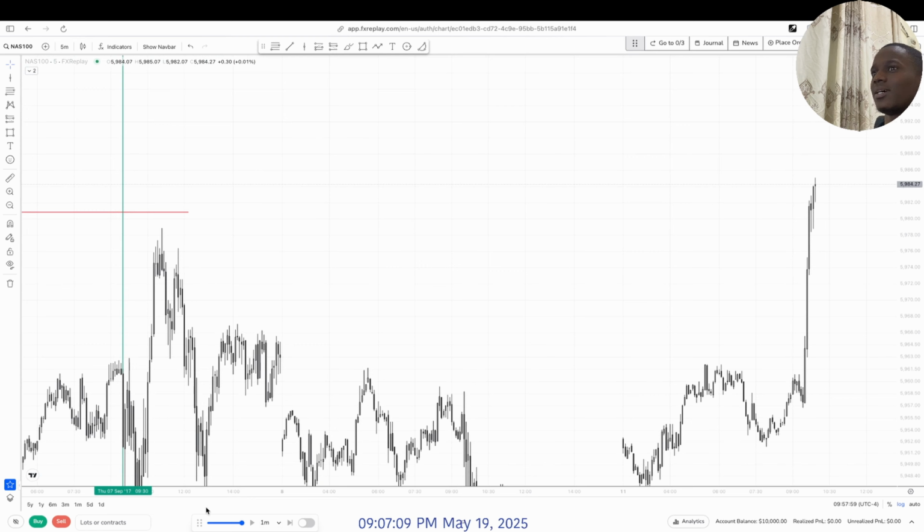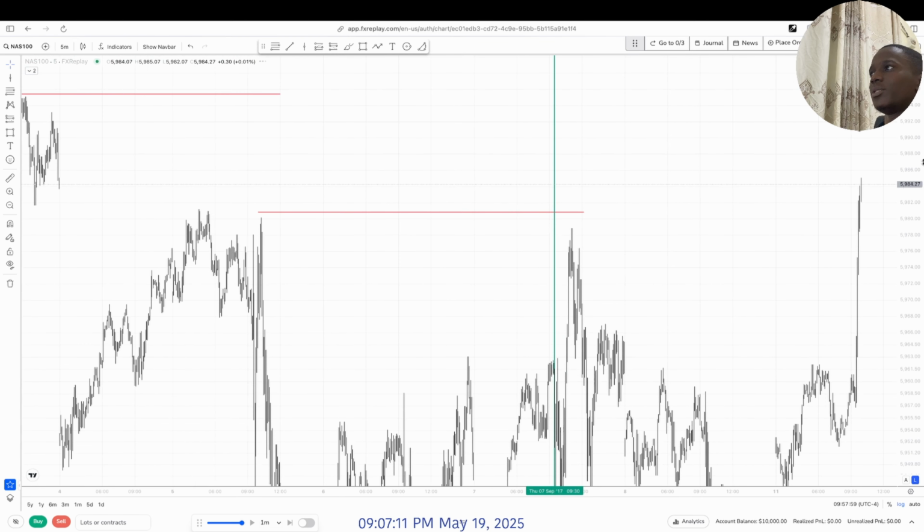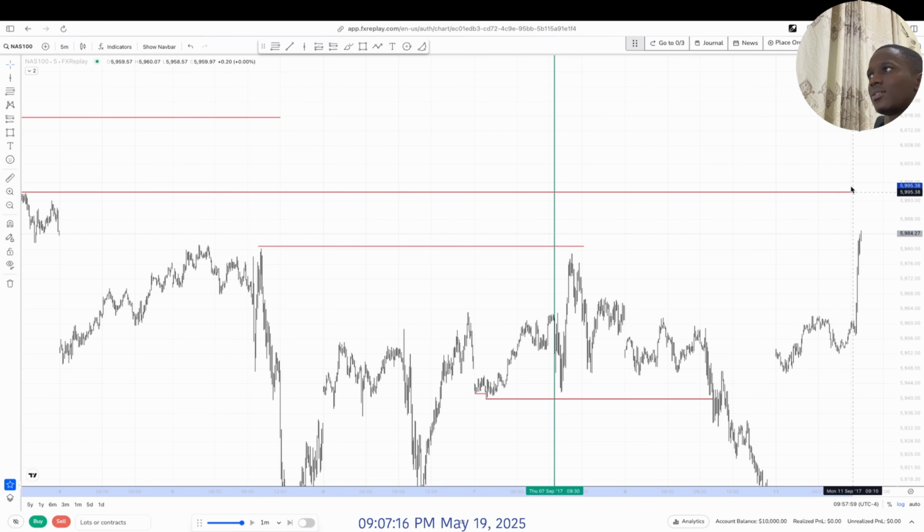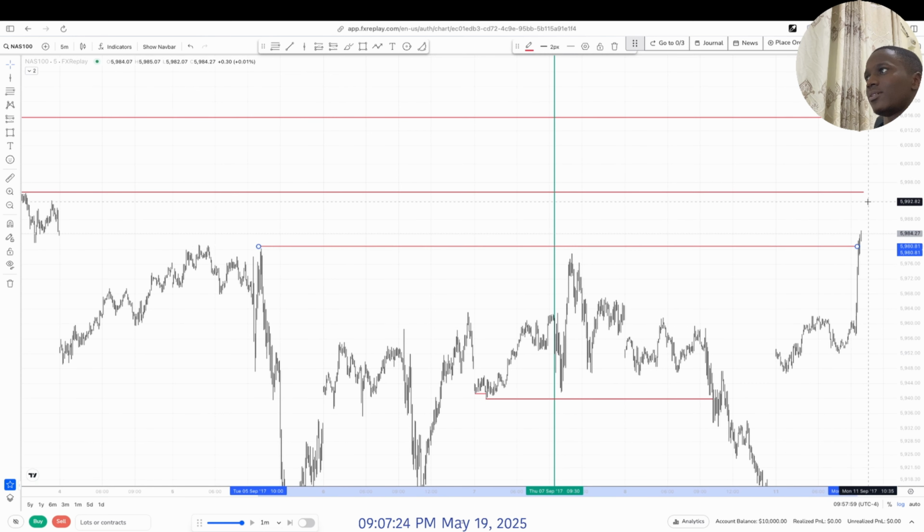Took up this high, boom, which means we will also take out this one at a later time, and this one. Benefits of having a really large screen. So not taken out. So basically this one and this one are to be taken out.